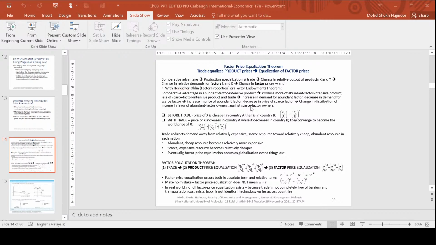This implies that export of a product that embodies large amounts of relatively available, cheap, abundantly available resources makes those resources scarcer, thus driving up their price and income.